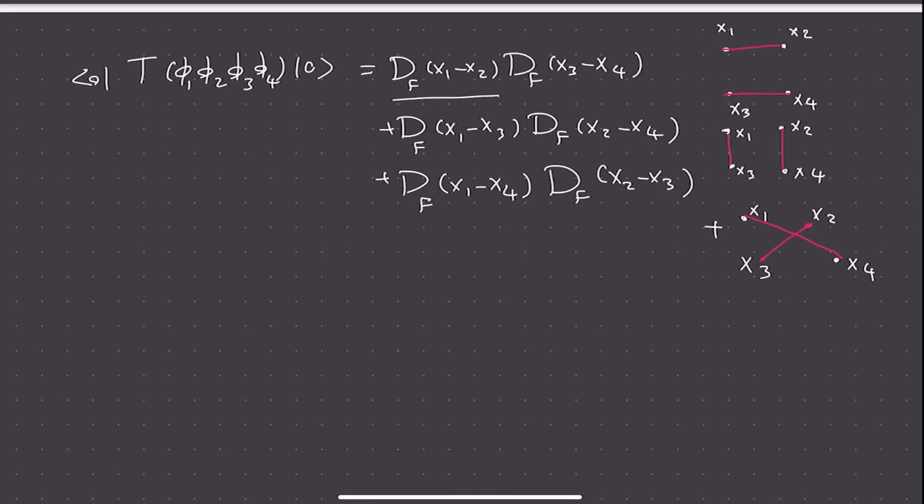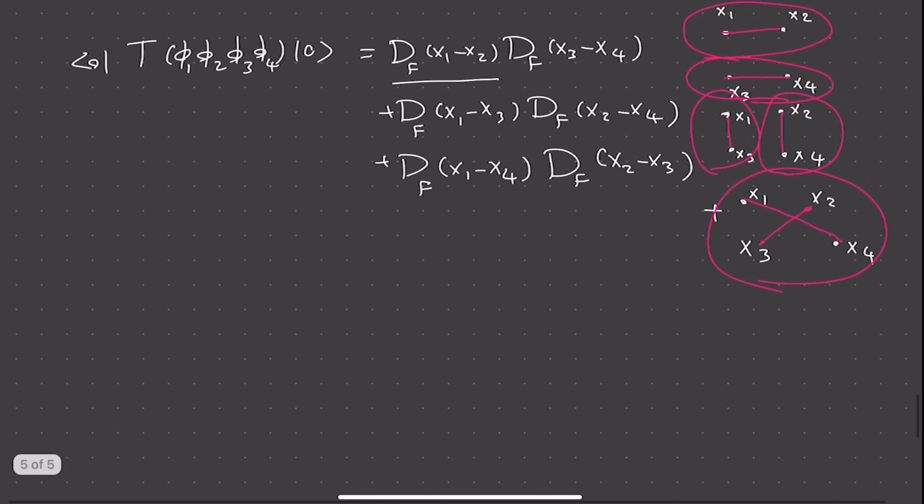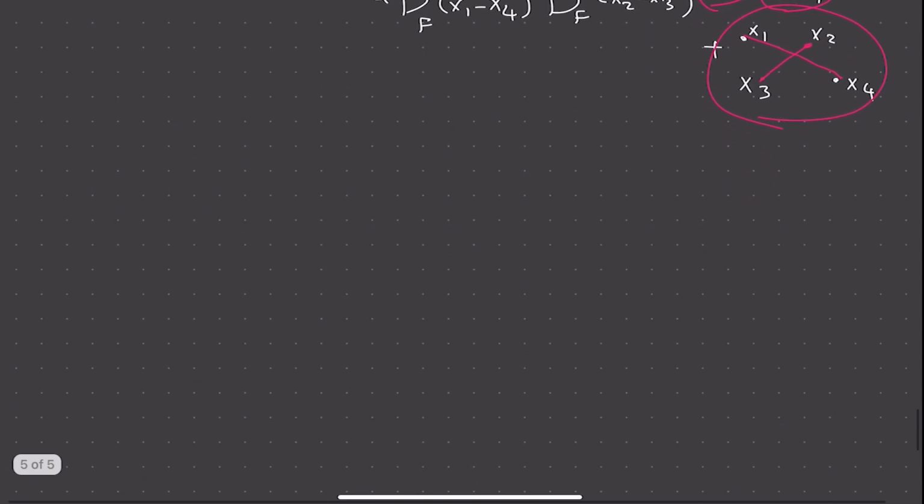So what's the meaning of this? It is going to say that if we have 4 points in space-time, there are 3 possibilities for how motion can happen. There is an independent motion from x1 to x2, x3 to x4, plus the possibility of this, plus the possibility of that. And this is how you encode these correlation functions into Feynman diagrams, all possible contractions.